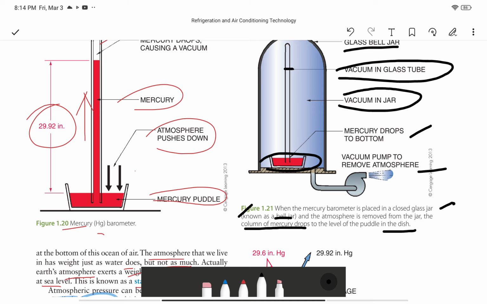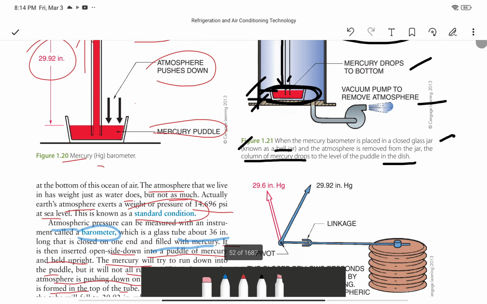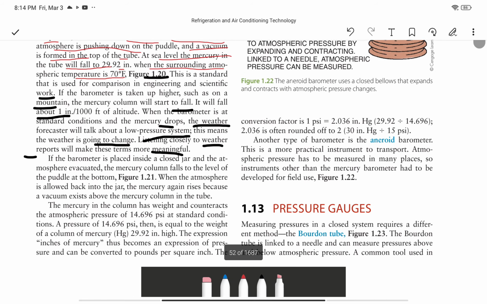It will be going down, and eventually it levels to this height here, the mercury puddle.